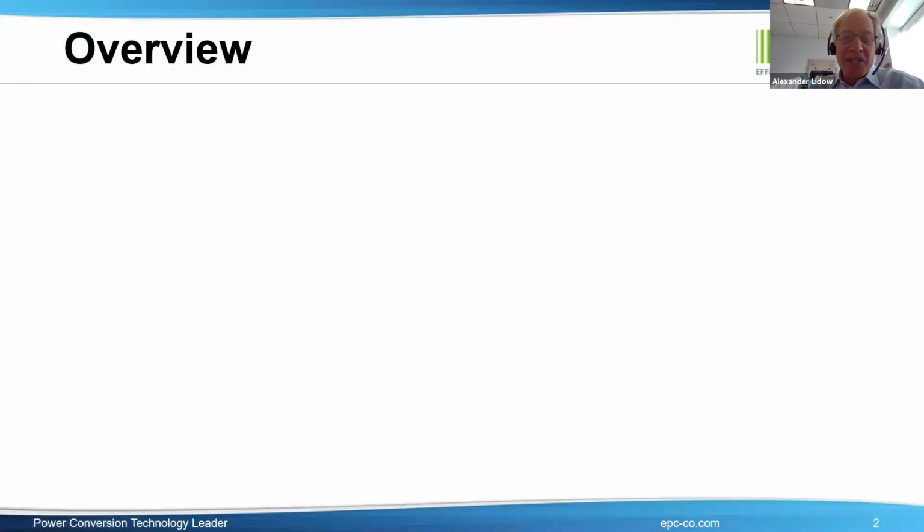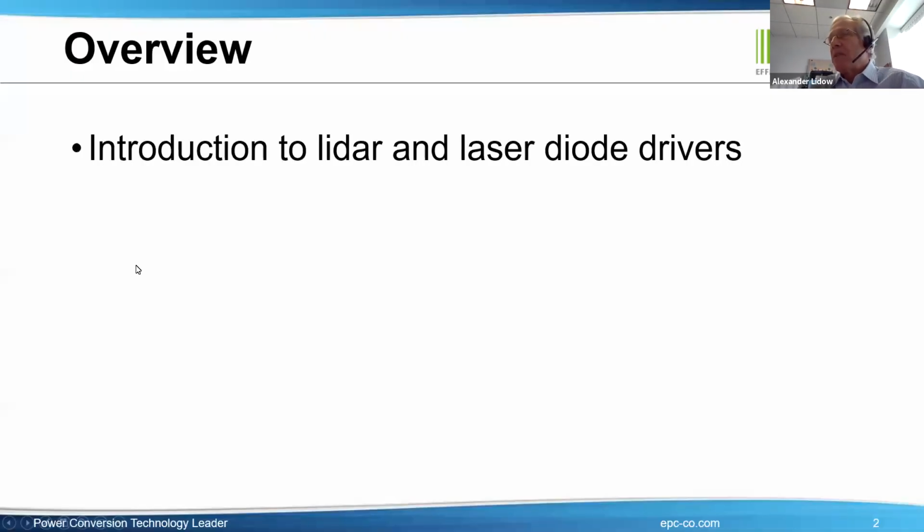So anyway, today we're going to first introduce the audience to LiDAR and laser diode drivers. LiDAR stands for light detection and ranging, and it's becoming extraordinarily popular in a whole variety of things. Most famous, of course, are autonomous vehicles. And then we'll talk a little bit about why gallium nitride.